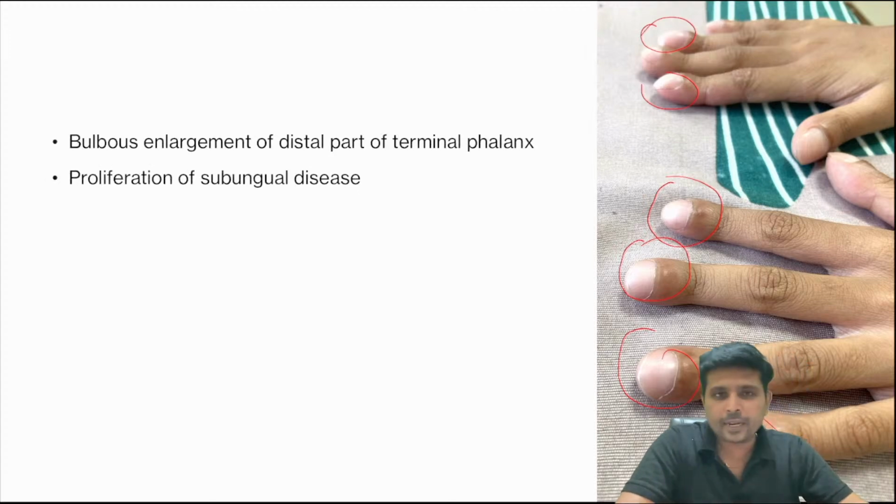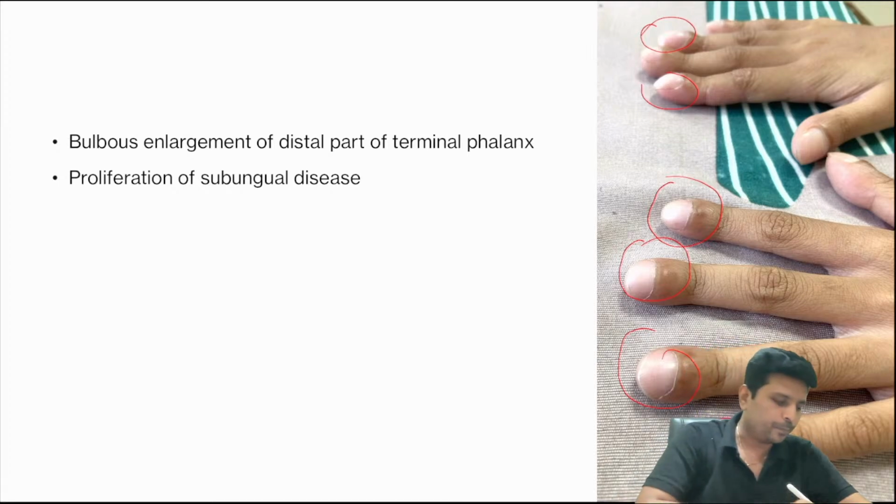So what do you mean by clubbing? It is nothing but bulbous enlargement of the distal part of the terminal phalanx. It occurs as a result of proliferation of subungual tissue.